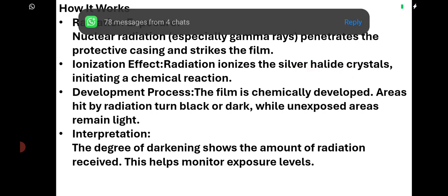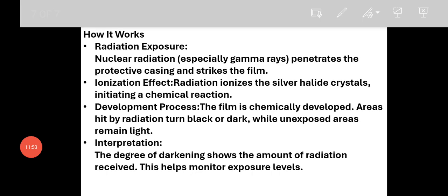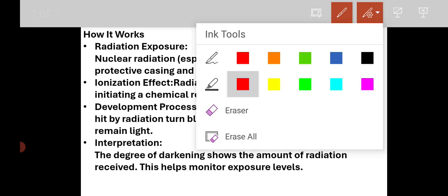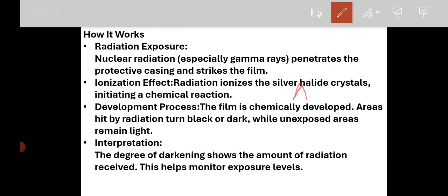So on the film there is silver halide. Silver halide is simply Ag, a silver atom, combined with bromine, or it can be silver and iodine, or silver with any group 7 element.